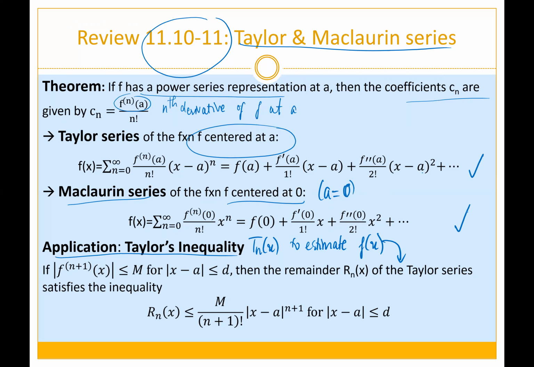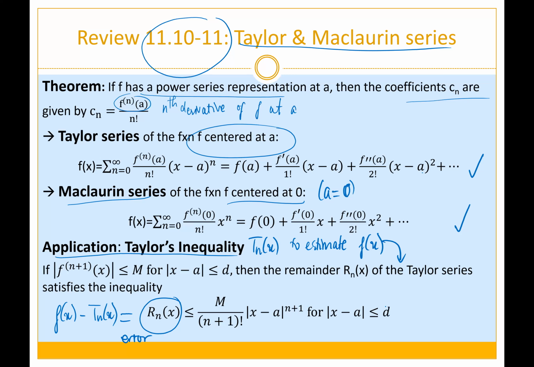But this is how you estimate the error. Rn of x is the actual value of f of x minus Tn of x. This error is smaller than or equal to big M divided by n plus 1 factorial, times the absolute value of x minus a to the n plus 1, for the absolute value of x minus a smaller than or equal to d.